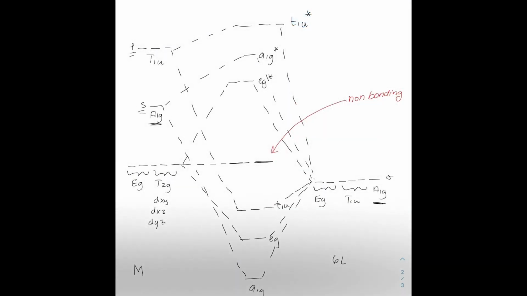Something we do want to notice is the fact that this distance is our delta naught. That's the energy difference for an octahedral complex between the T2G orbital and the EG orbital, just as we saw previously with the simple splitting.